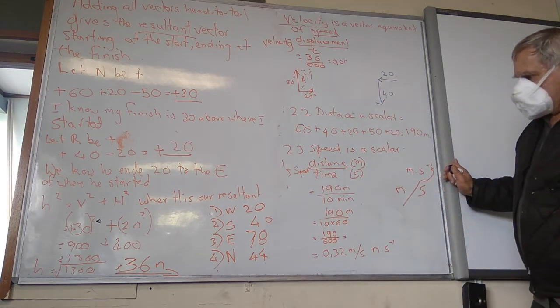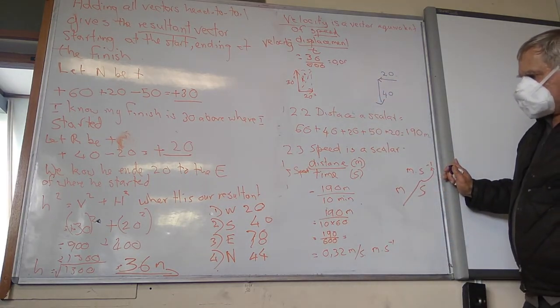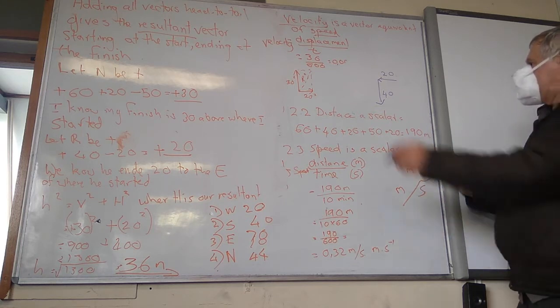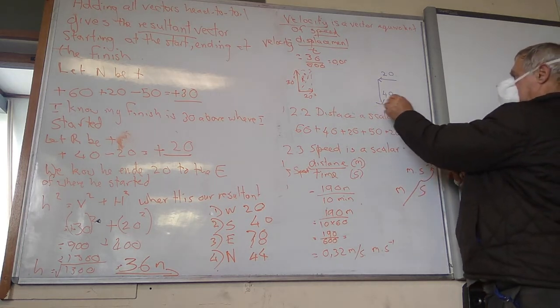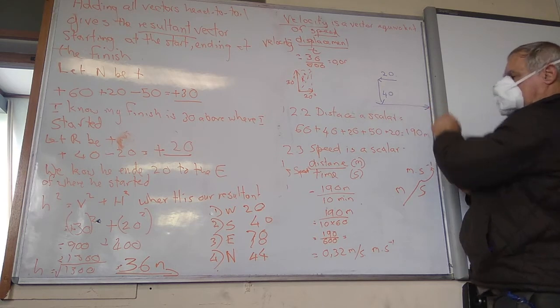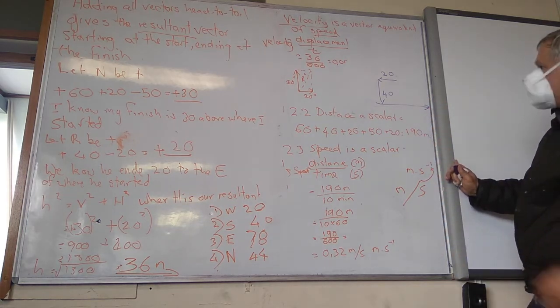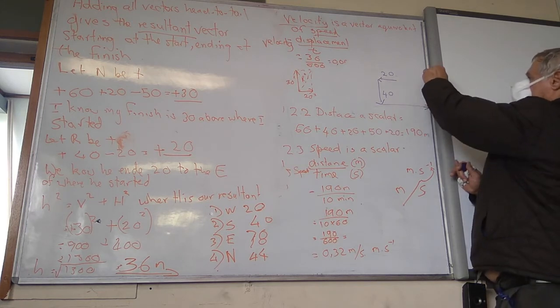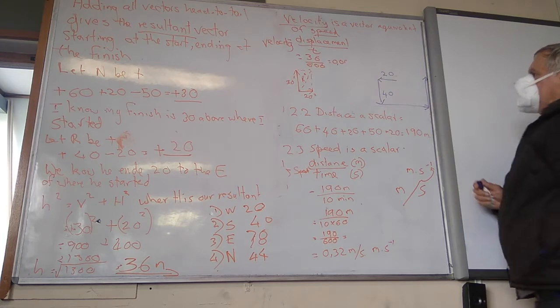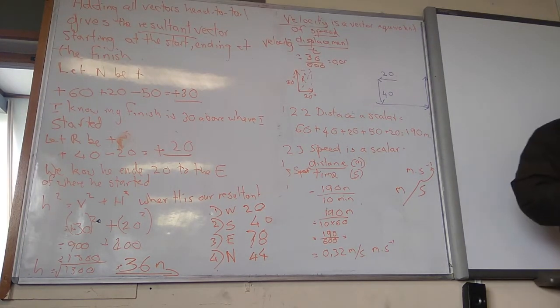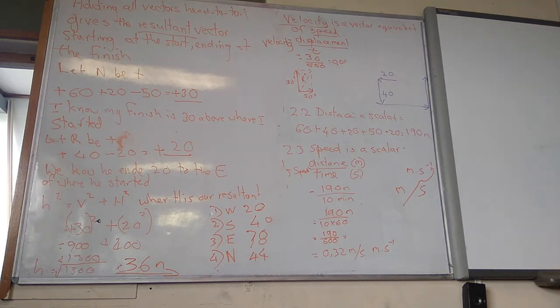Then, 44 north. So, to scale, it's something like that. So there's your scale, whether you would do it in the exam with a ruler. Then let's find the distance.